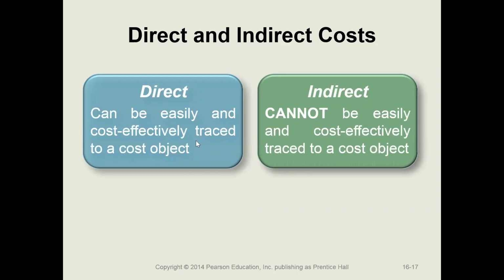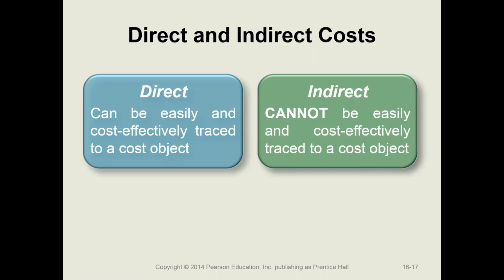Example would be, let's say a spam musubi maker. The cost of the spam in a spam musubi, well, we can figure out that cost fairly effectively. So that's a direct cost. On the other hand, the electricity used to make one spam musubi, we can't trace that very effectively.